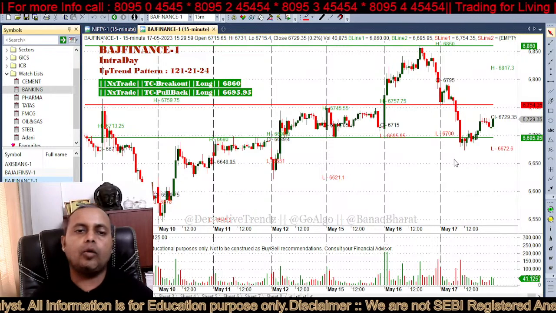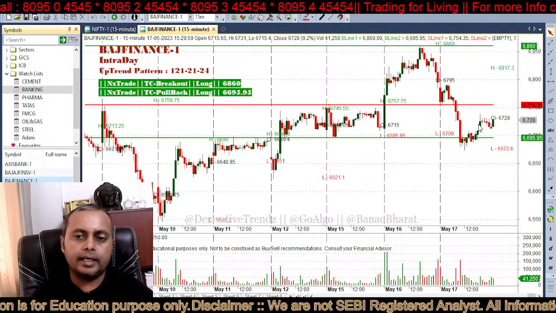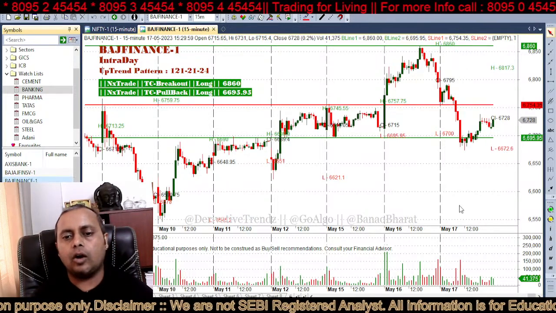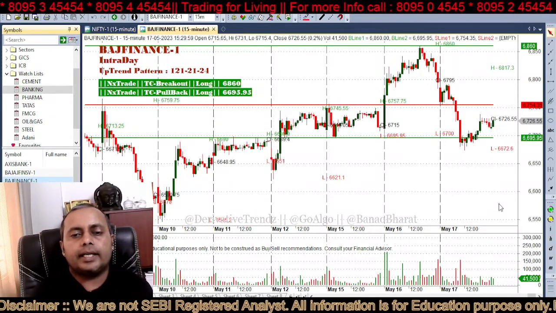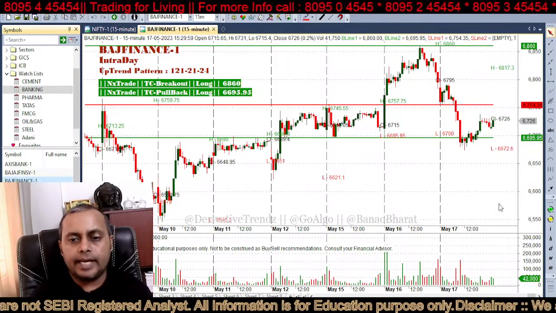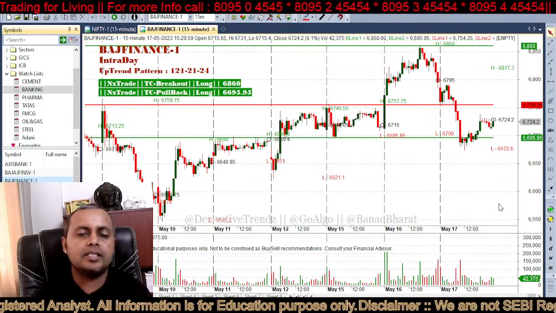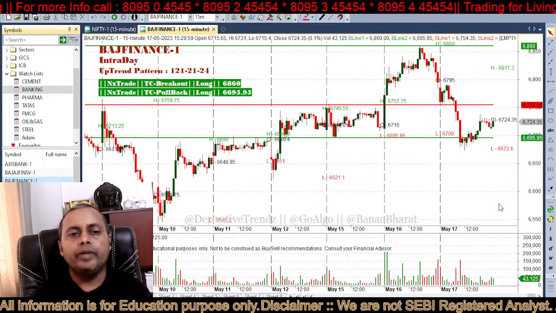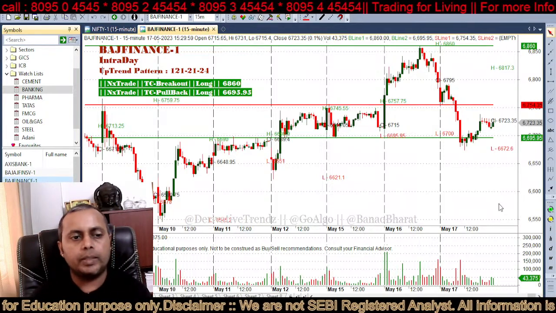So we need to still watch out for all of these stocks, where it will make a base at the high and then crack certain critical levels on the lower side. All of these patterns are not showing any big downside that can come in the coming days. It has to spend some time in sideways movement, and only then take out multi-day lows. Then we can say yes, the trend has shifted and the recent high will hold good in the coming days. So this is with respect to Bajaj Finance.